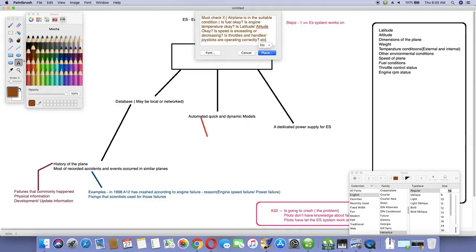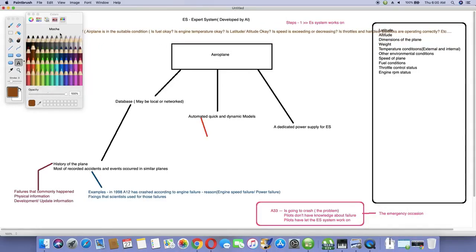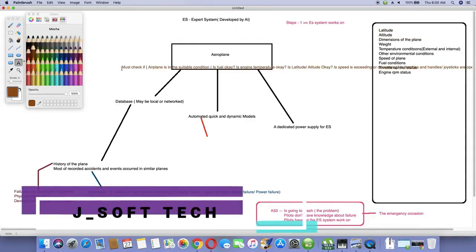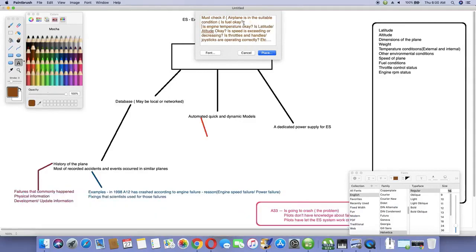I don't mind everything there. Okay, that's enough.